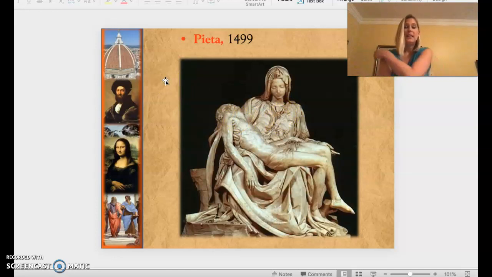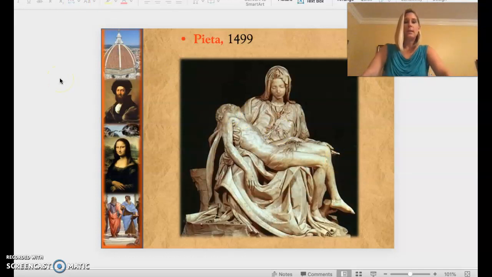Unfortunately, today, this sculpture is behind very thick glass because several years ago, this maniac did attack it with a hammer and actually damaged a part of the foot of Jesus. You used to be able to just walk right up to it and see it, but not any longer, for its protection. But at least we still have it for the public to view.